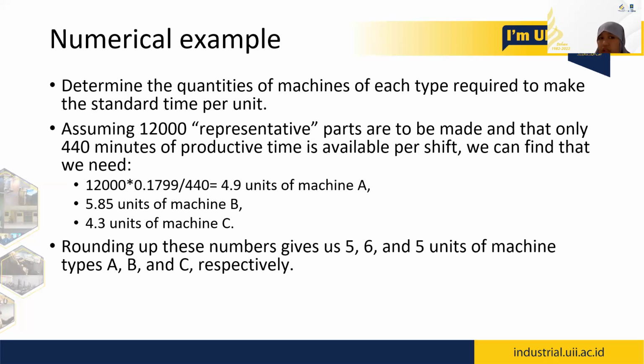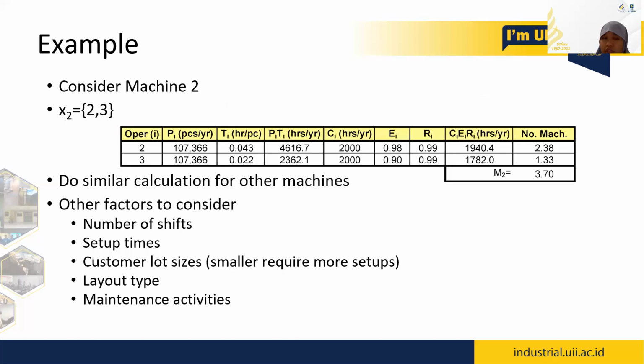So basically just calculate 12,000 multiplied by the time needed for each unit, and then we can get the machinery units.